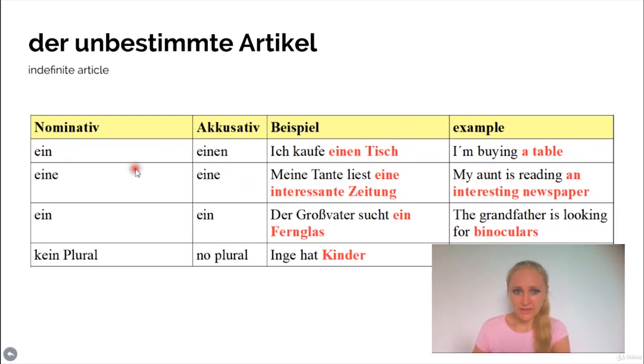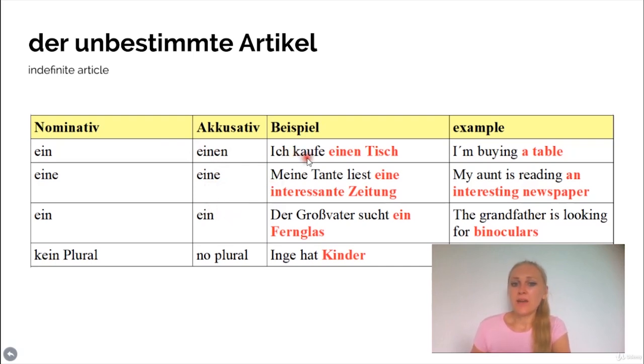And in German, in the nominative case, the masculine one is ein, female eine, the neutral one is ein, and there is no plural in the indefinite articles. It does not exist in the plural form. So here you also see the only one in the accusative that is changing is the masculine one. Ein becomes einen. Okay, the other ones stay the same.